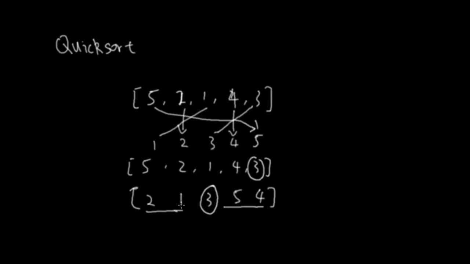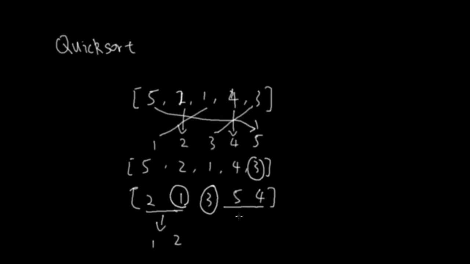Now we do very similar things. We look at the number 1 and we treat it as a partition pivot, and we partition the array such that everything on the left is smaller or equal to 1, everything on the right is greater than 1. Then this part of the array will become 1, 2, right?